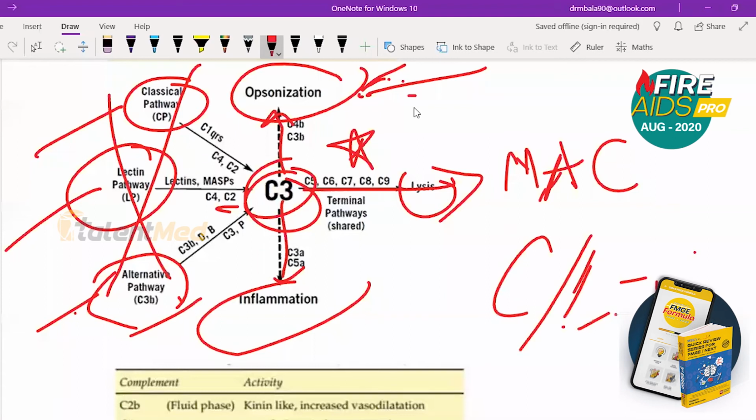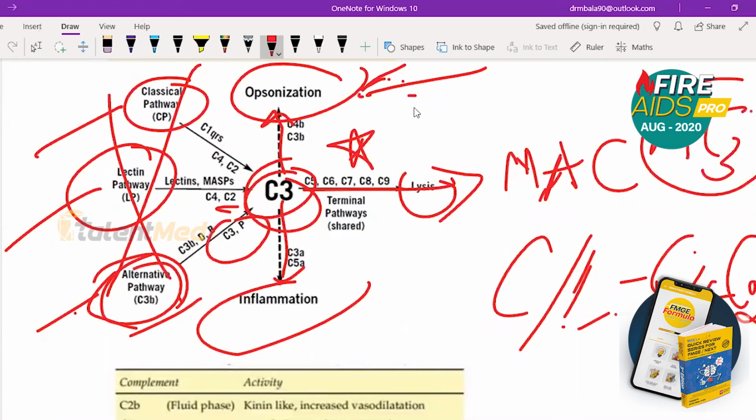These are the intermediate steps, the intermediary complements that happen here. Whereas in the alternate pathway, it is directly C3. Alternate means C3.